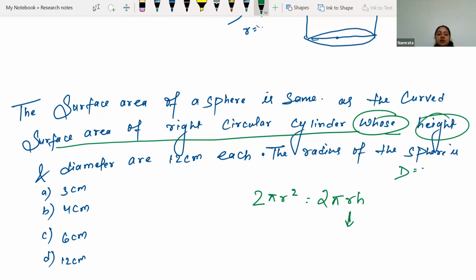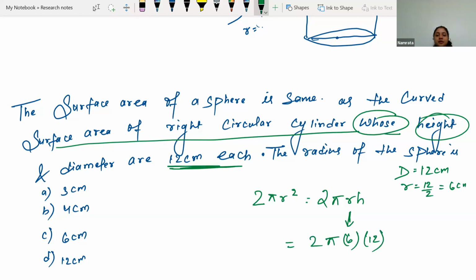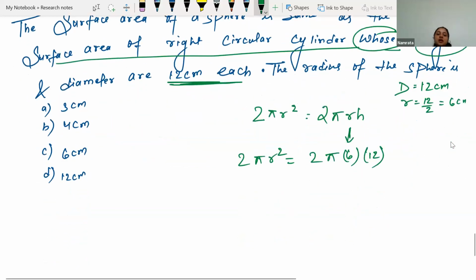Diameter is 12 centimeter, then radius will be 12 over 2, that means 6 centimeter. Height is 12 only. From here we will get the radius of the sphere. Let's do it quickly and check which option is correct.